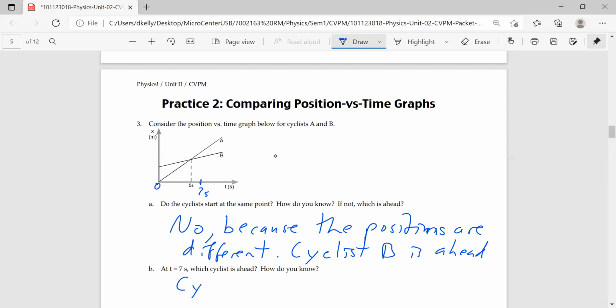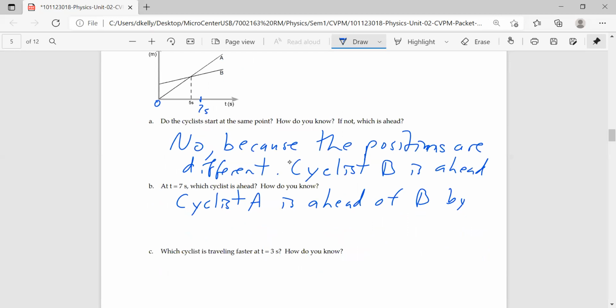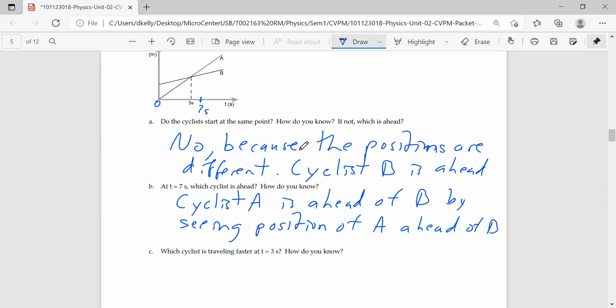Cyclist A is ahead of B just by looking at the graph or noticing the position. That's how we know.